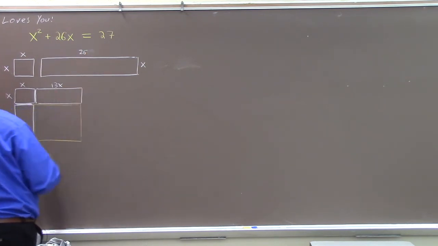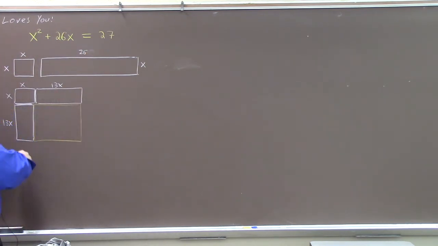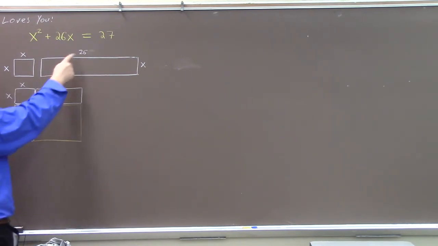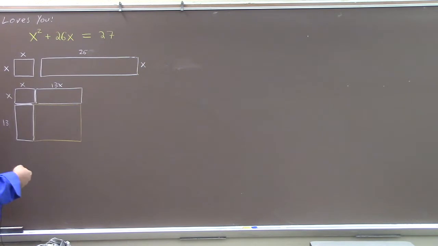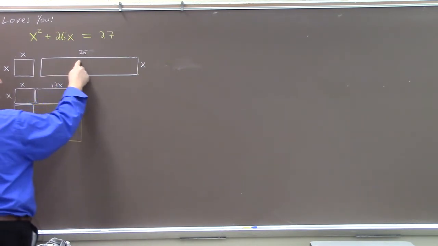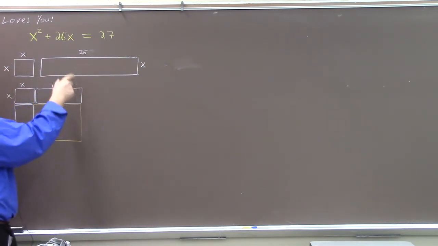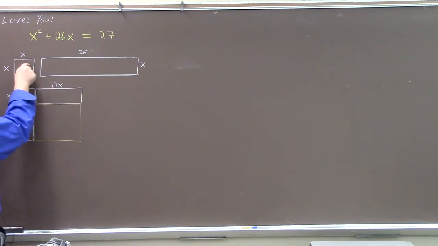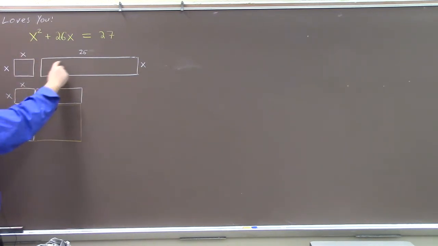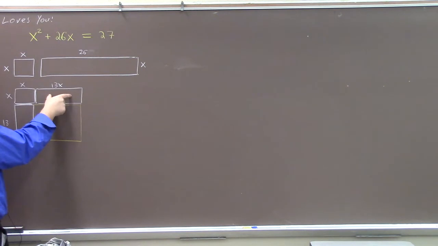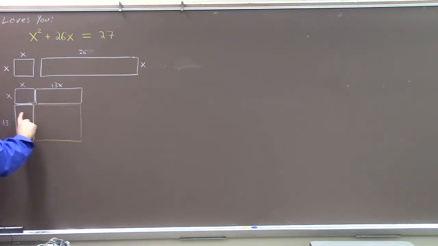I never would have made it as a medieval mathematician. Put my x's where they don't belong. So that should just be 26. So the area of this rectangle would be 26x. The area of this square would be x squared. I take this rectangle, I cut it into two, put one of the halves here, rotate the other, put the other half here. Okay?